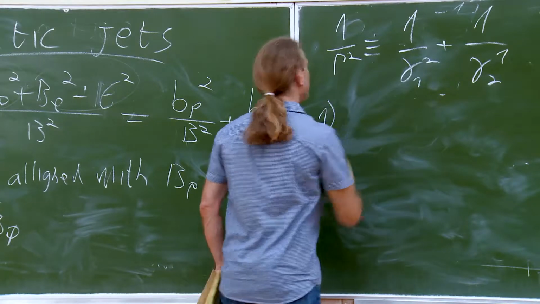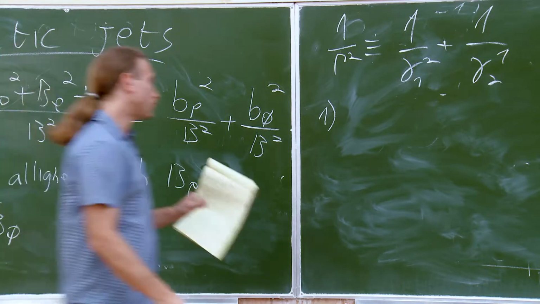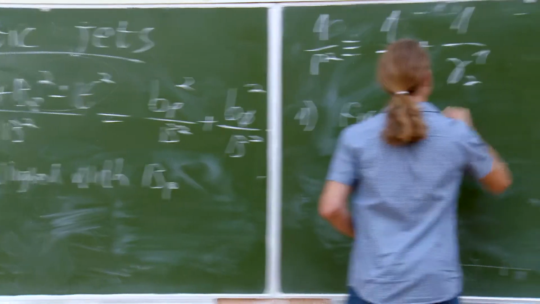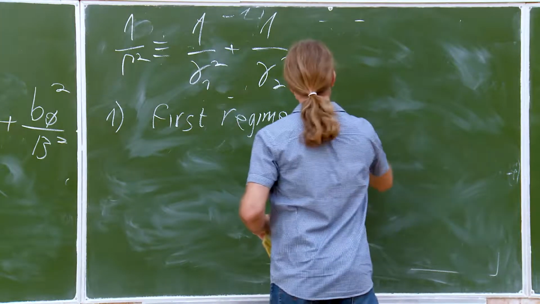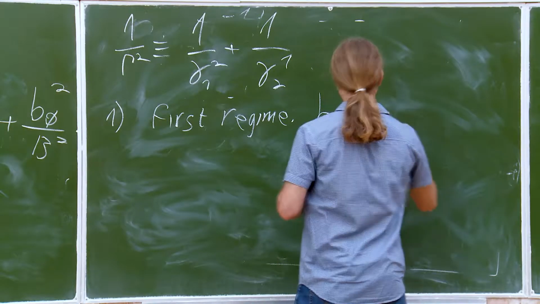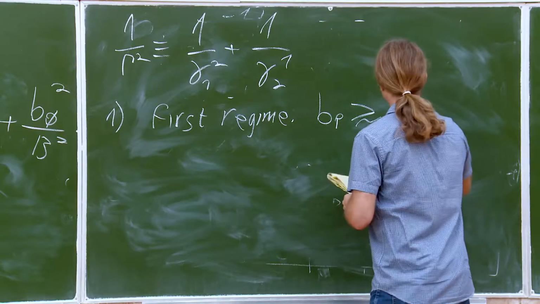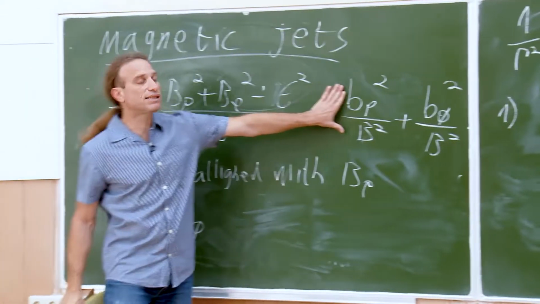So in the first regime, let's assume that within the rest frame of the flow, BP is larger or equal to B phi. In this case, this is the dominant term.